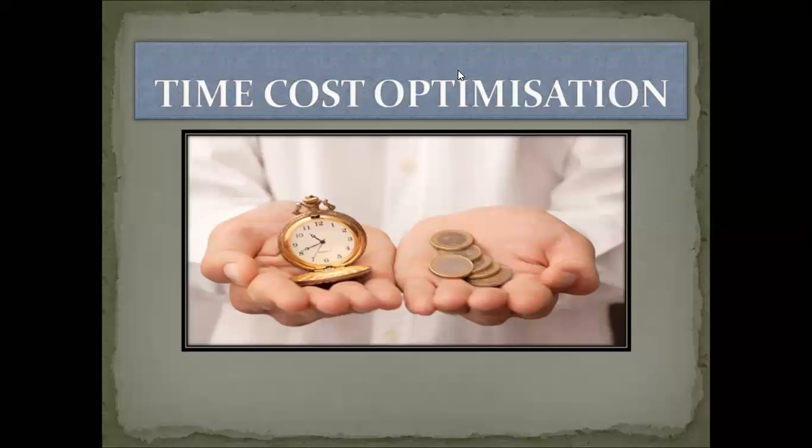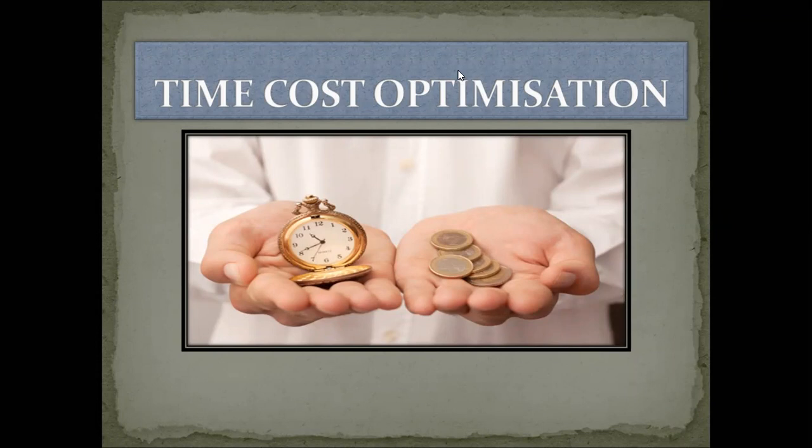So this particular point we have to consider here. If you want to reduce the time, the cost will increase. It doesn't mean that if time is more, cost is less.